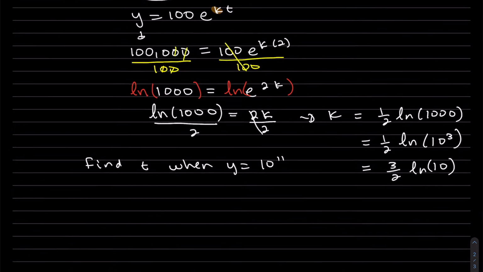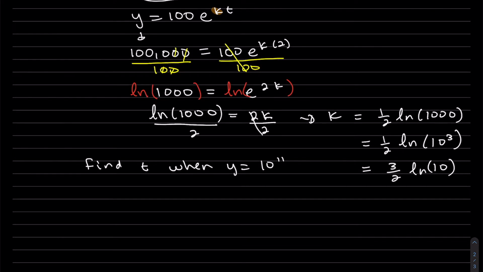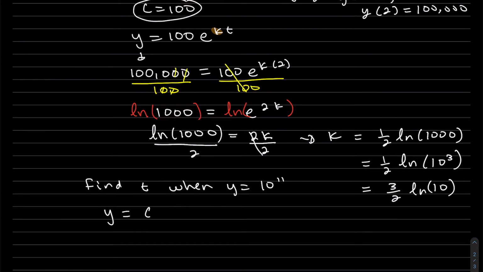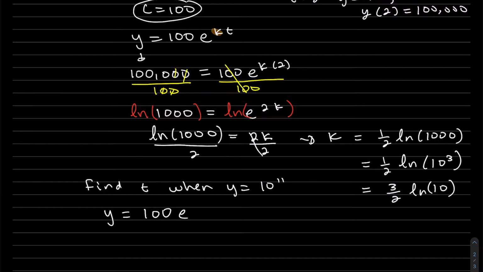So using the formula, our formula is, let's write it with a k, y equals c, which is 100, times e to the k, and if you want, you can even get it back as a power, natural log of 10 to the 3/2, times t. I don't know which one's easier.